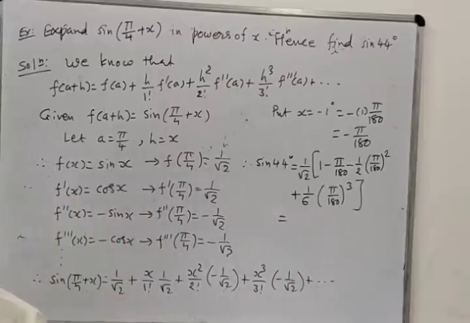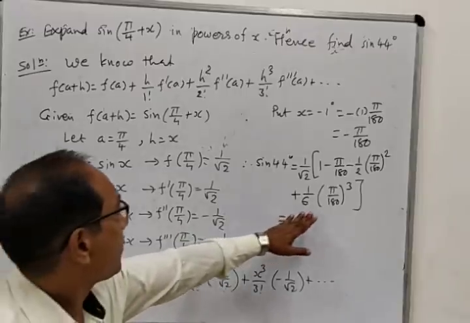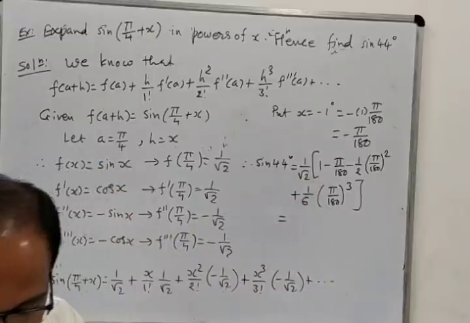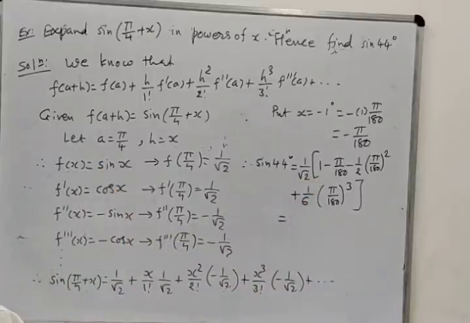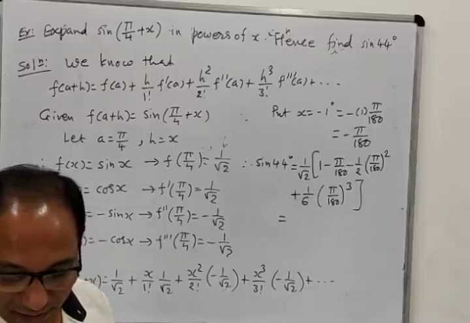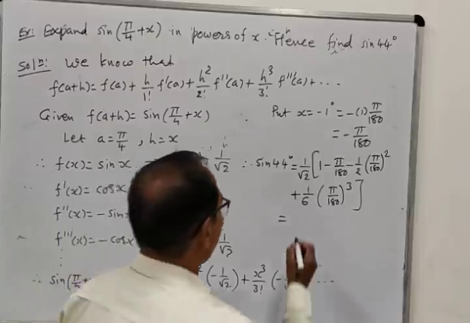You can put the value in more and more terms if you find them, but due to restriction of marks and timing, we have considered the terms up to x cube only, and that's why we stop here. Then by using your calculator, you can find the value of sin 44 degrees, and approximately you will get 0.69467.